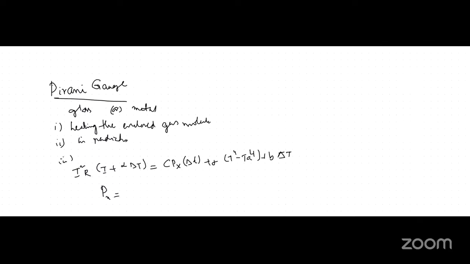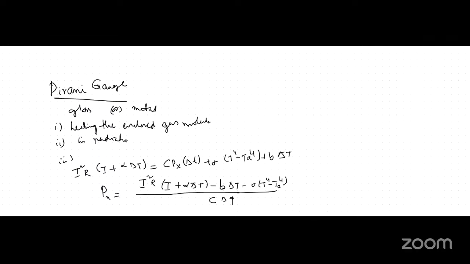Px equals I squared R into (1 plus alpha delta T) minus B delta T minus sigma into (T to the power 4 minus Ta to the power 4), all divided by C delta T. This Px is the unknown pressure which we can calculate here.